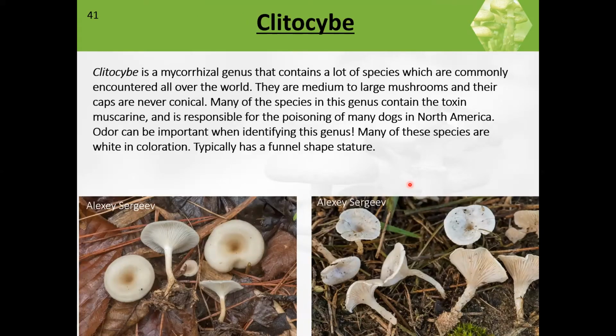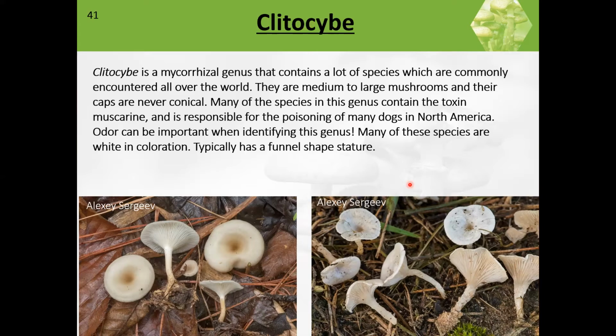Clitocybe is a mycorrhizal genus that contains a lot of species that are commonly encountered all over the world. I volunteer for a Facebook group that does poison identification, and this is one of the most commonly encountered species that dogs will eat and start having bad symptoms.